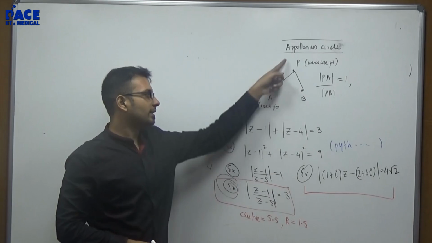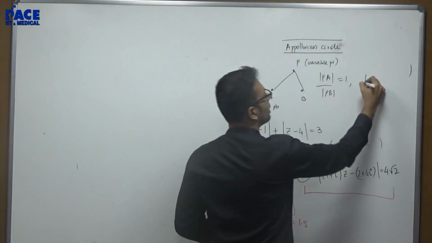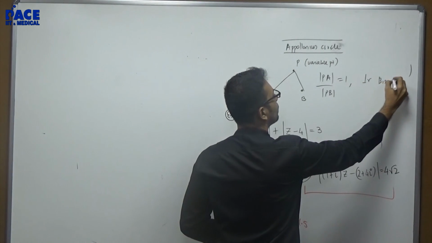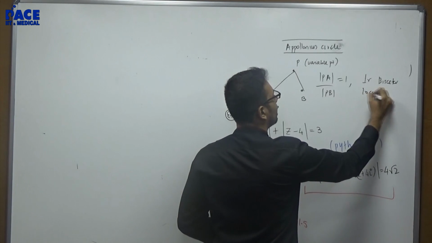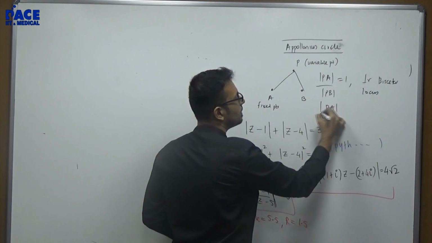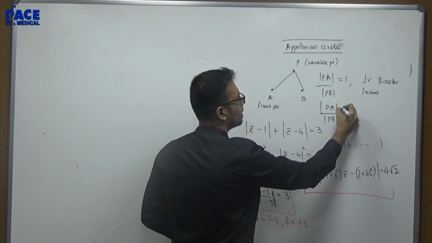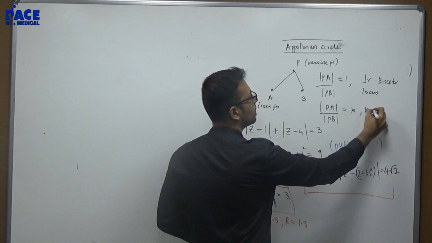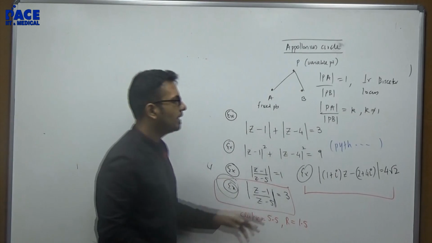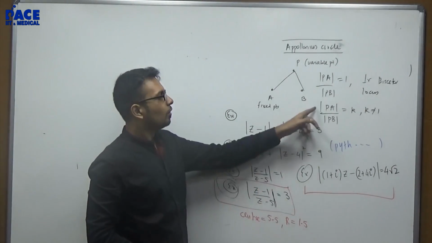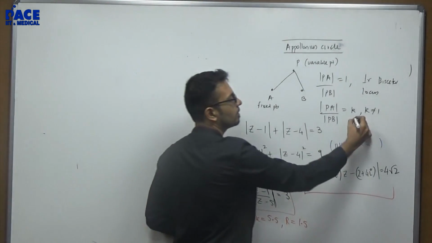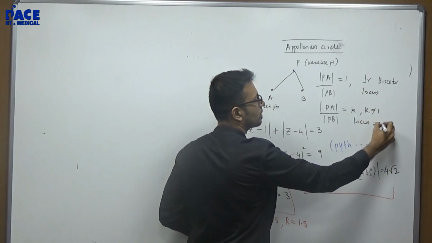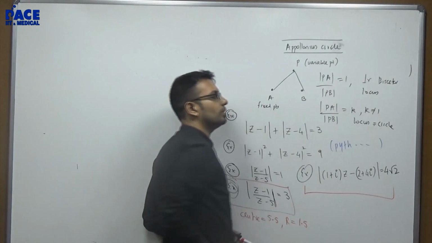It's a perpendicular bisector, right? Perpendicular bisector is the locus. But if PA upon PB is some number k, where k is not 1, okay? In this case, the locus of P is a circle, and that circle is called the Apollonius circle.